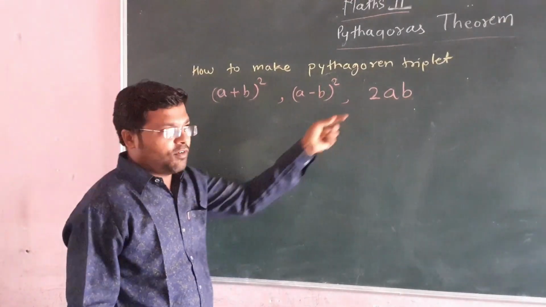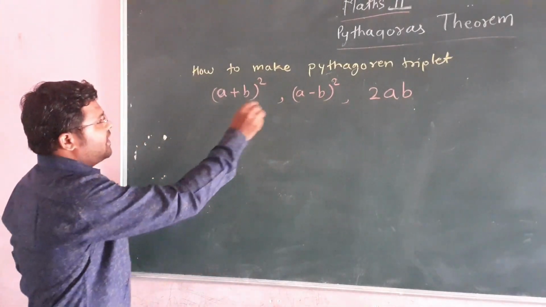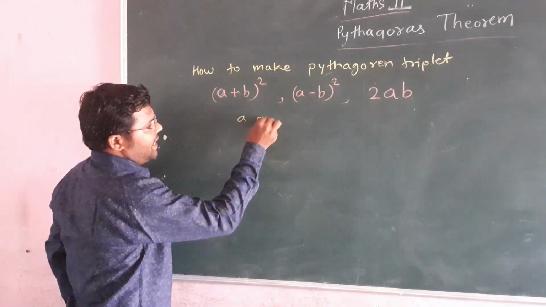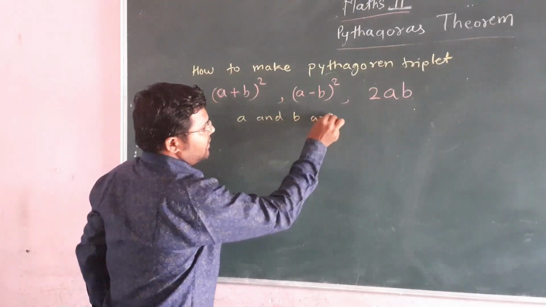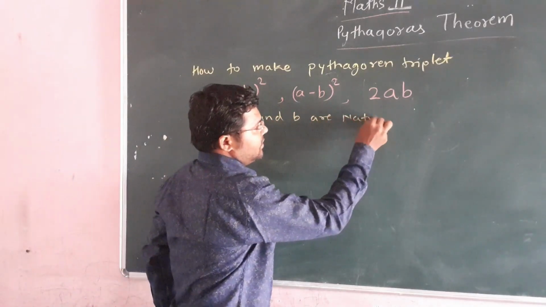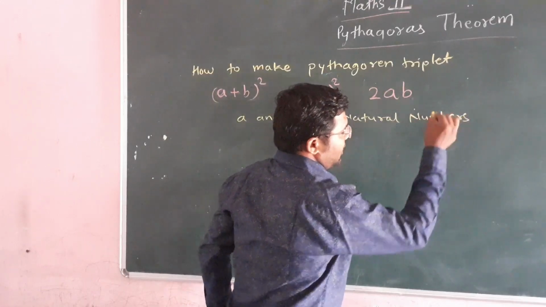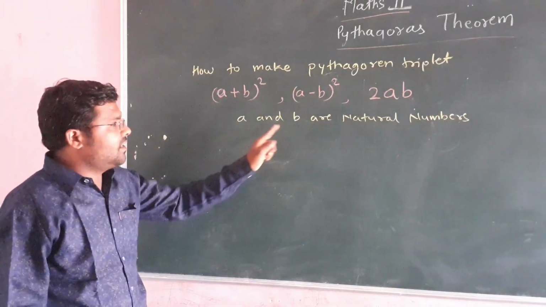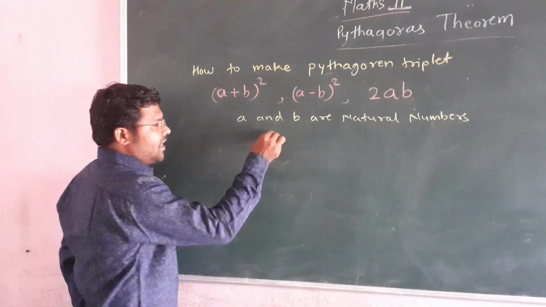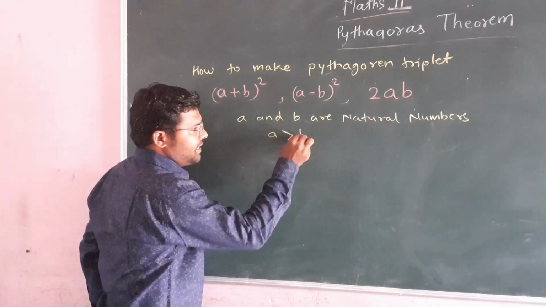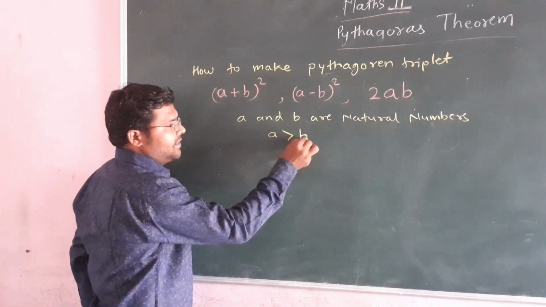In this formula, A and B are natural numbers, and A is always greater than B.